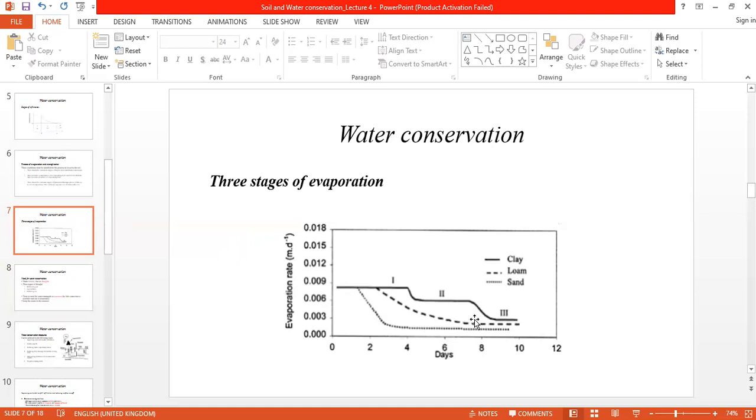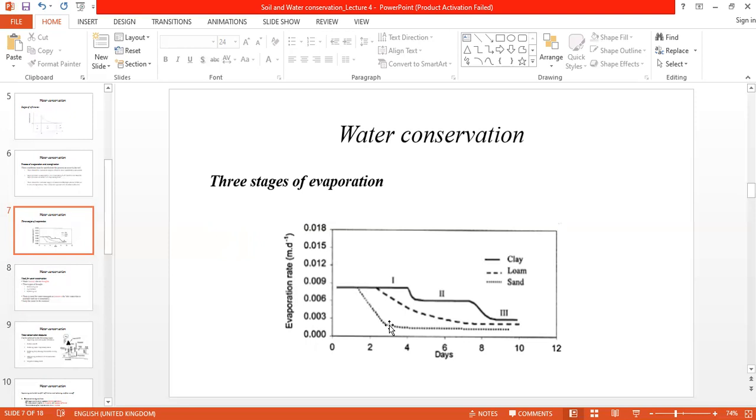In a clay soil, there are smaller pore spaces and a higher water holding capacity than the sand. In the sand, the pore spaces are bigger.